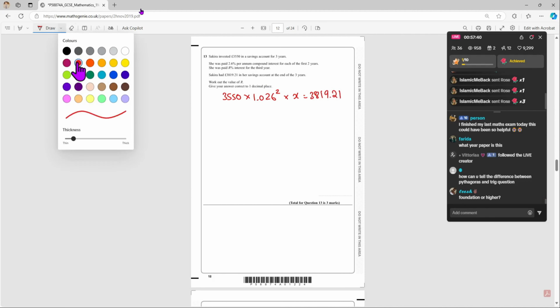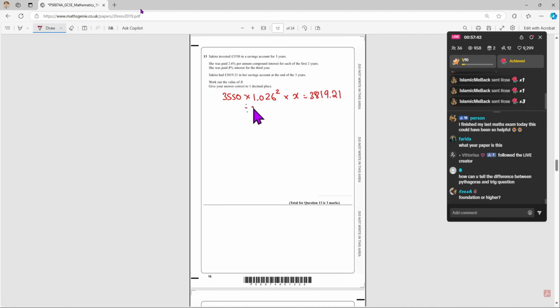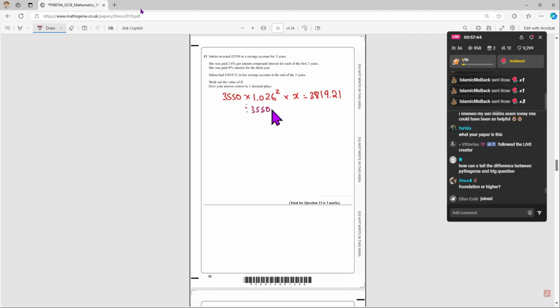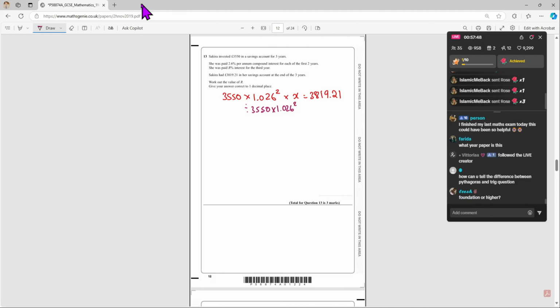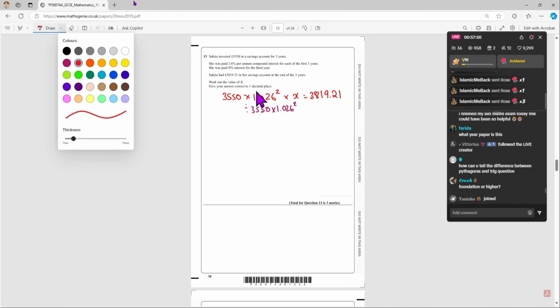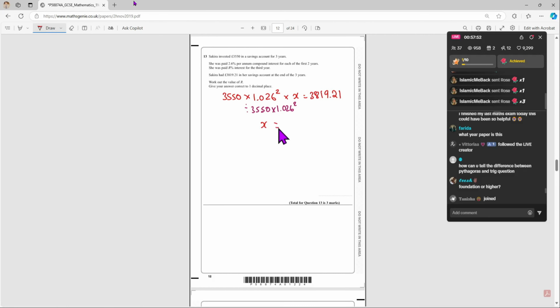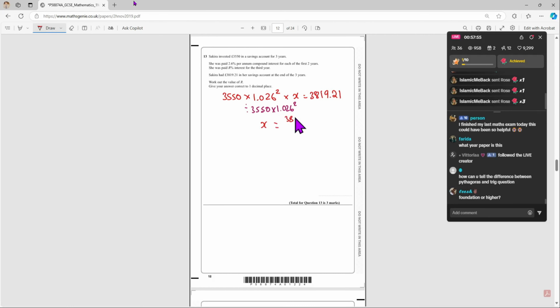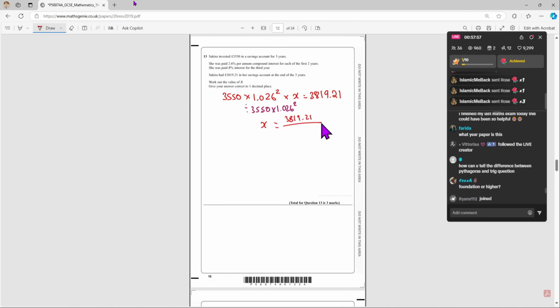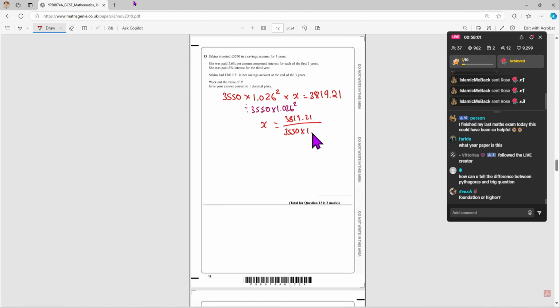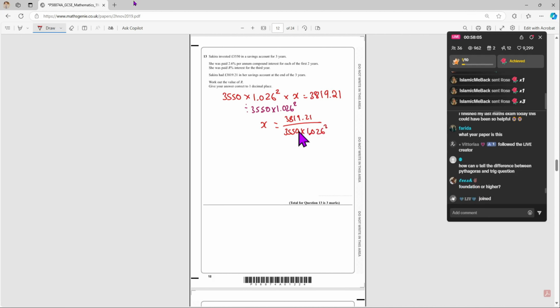And then we're going to rearrange this. We're going to divide by 3,550 times 1.026 squared from both sides to get x is equal to 3,819.21 over 3,550 times 1.026 squared. Okay?